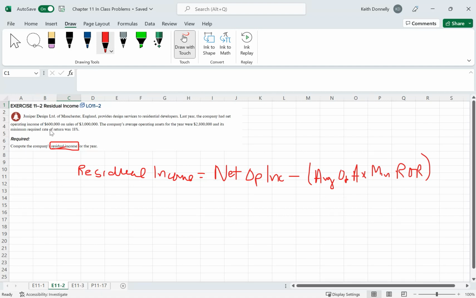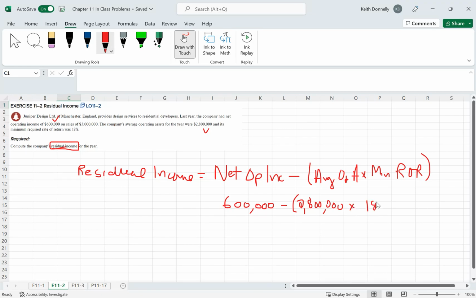So based off what they're telling us up here, it looks like they had net operating income of $600,000. So $600,000 right here. Looks like they had sales of $3 million, and the company's average operating assets for the year were $2.8 million, and its minimum required rate of return was 18%.